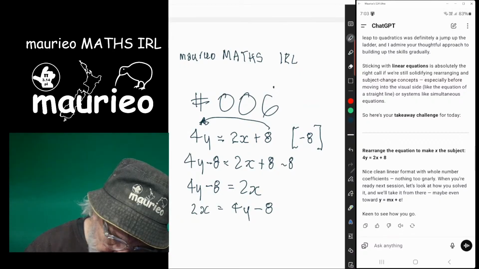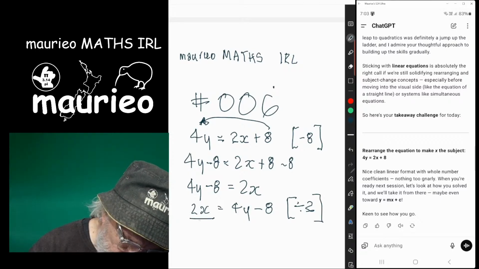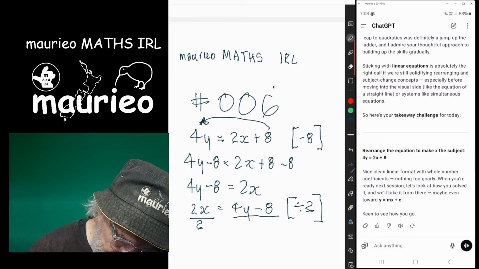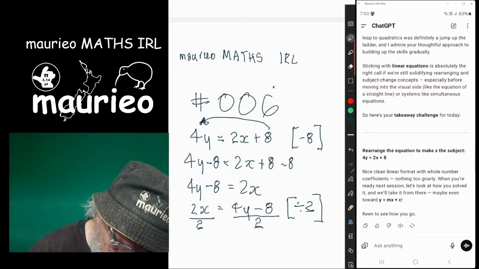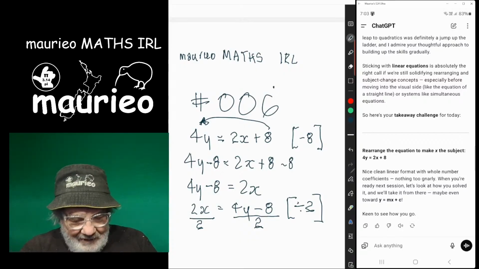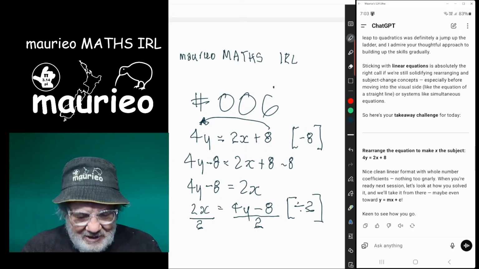Now we're going to divide by 2. Just a point to note is that 2 goes into everything on that side. We're dividing the whole side by 2.